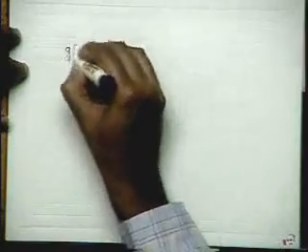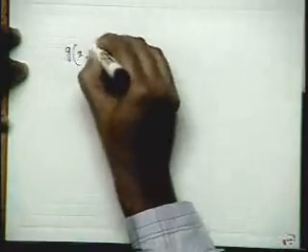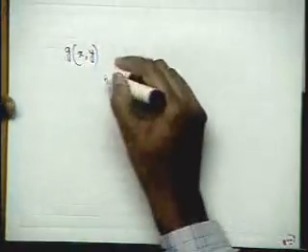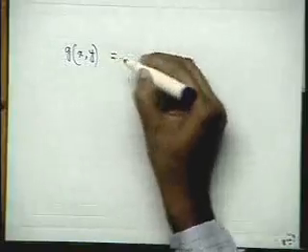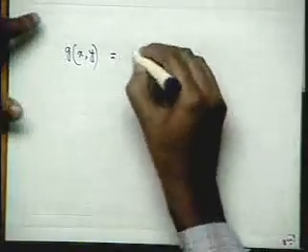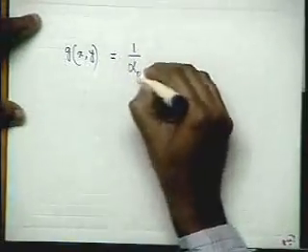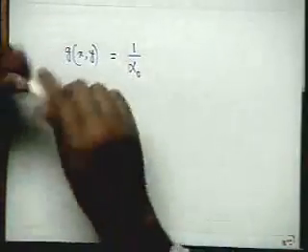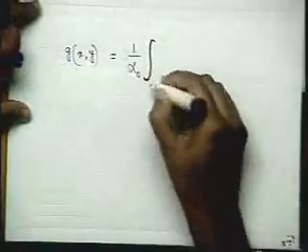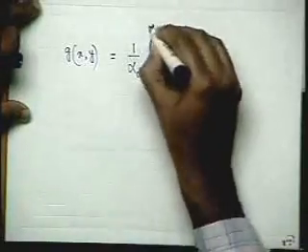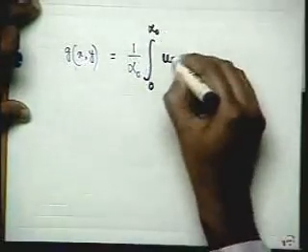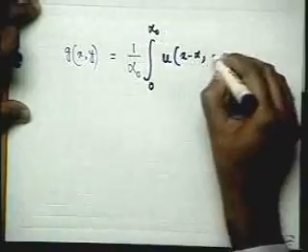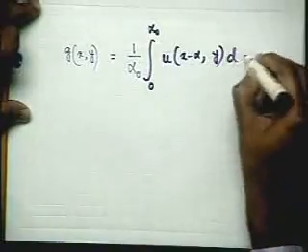Well, we had the function, that is the degraded image g(x,y), written as 1 upon alpha 0 integral 0 to alpha 0 of u of x minus alpha, y, d alpha.